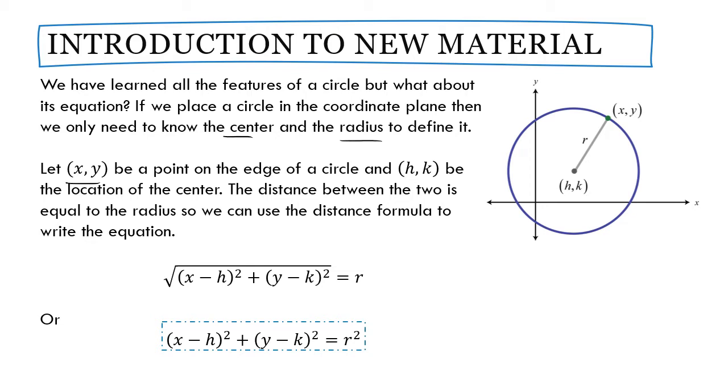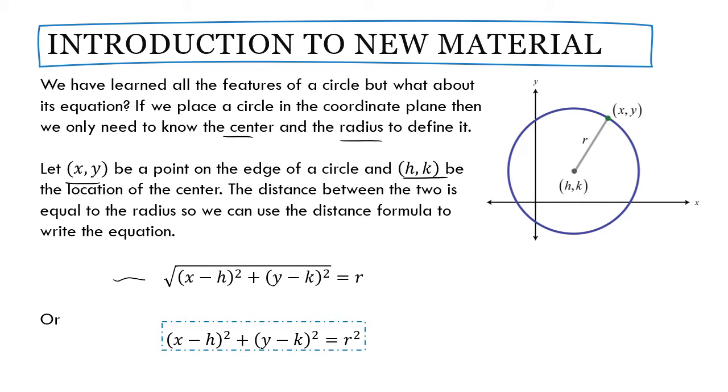So let (x, y) be any point on the edge on the outside of the circle, the circumference, and (h, k) be the location of the center. We can use the distance formula to actually define an equation. The distance between the center to any point on the outside is going to be equal to r, the radius.